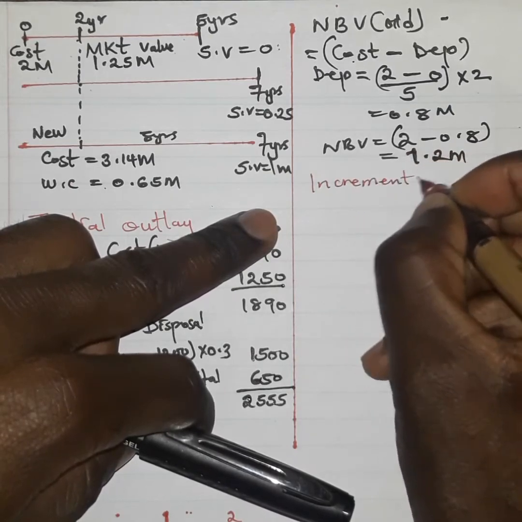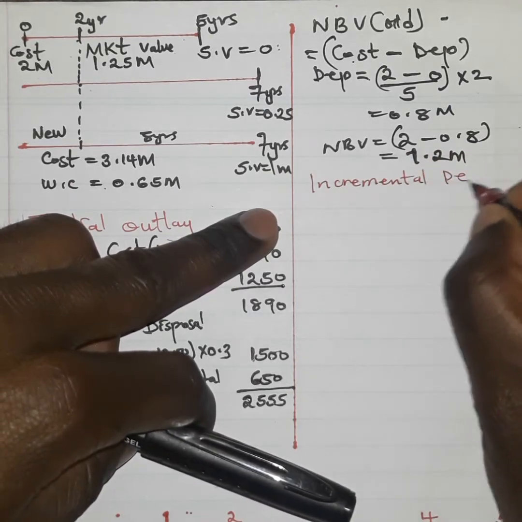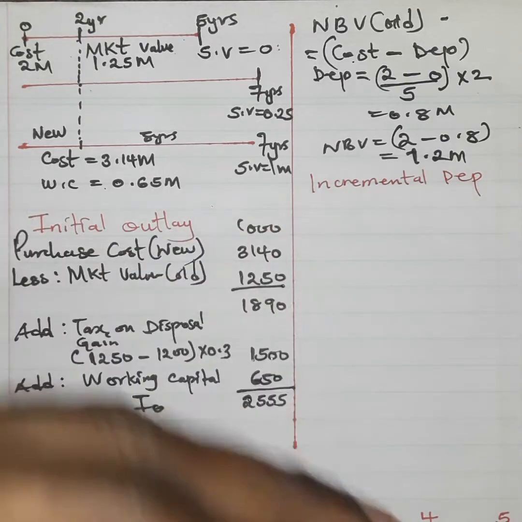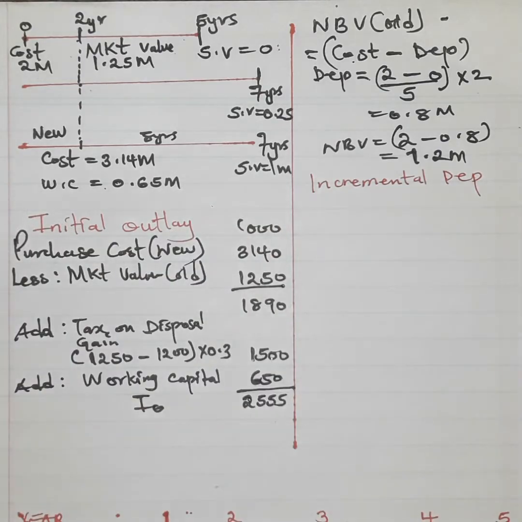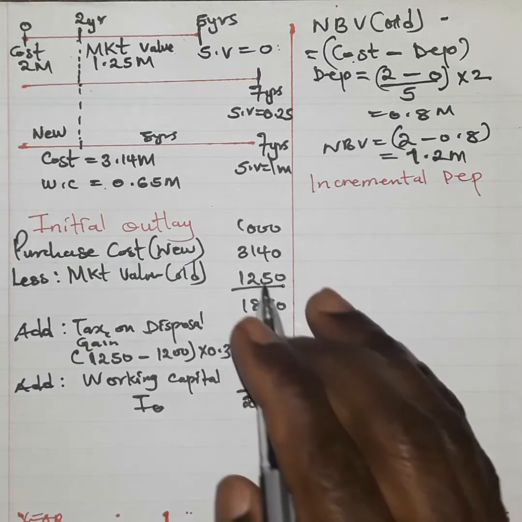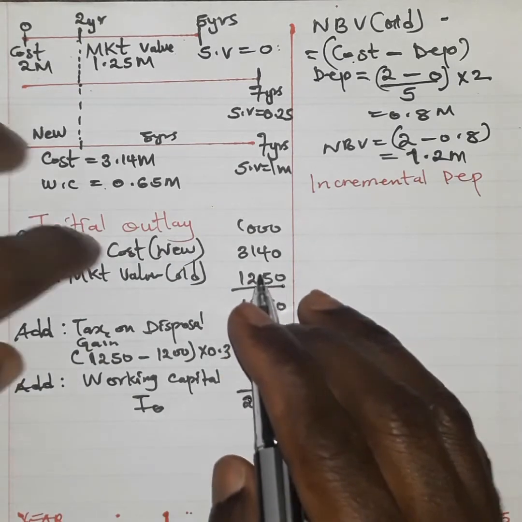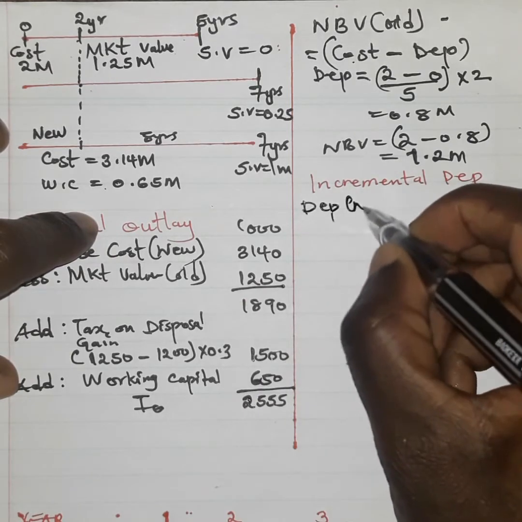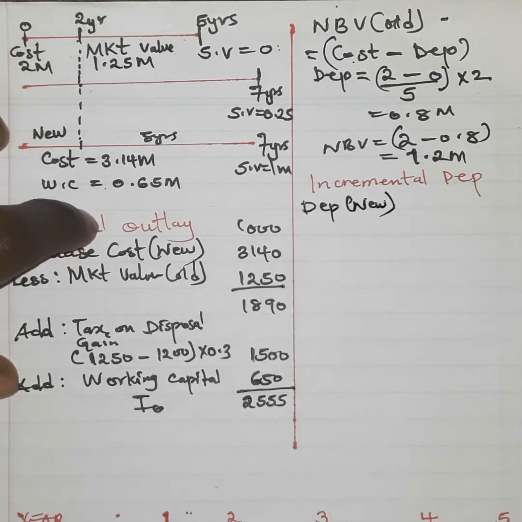Remember, when the new machine is being brought in, there will be some element of depreciation, because it will also be charged a loss of value. Under this one, we are supposed to factor in the depreciation of the new machine.